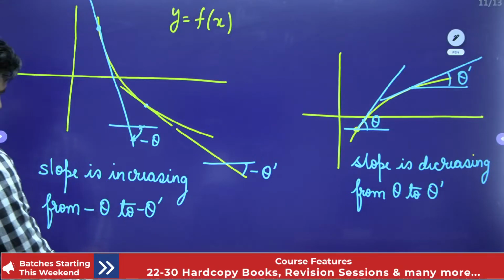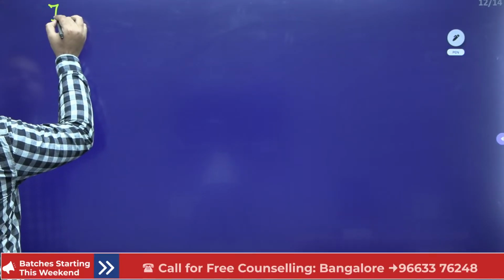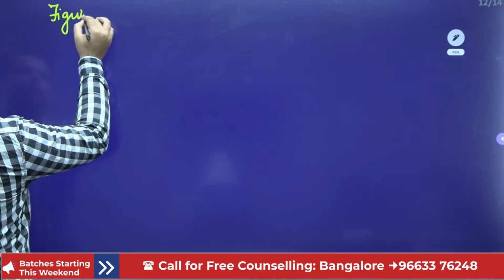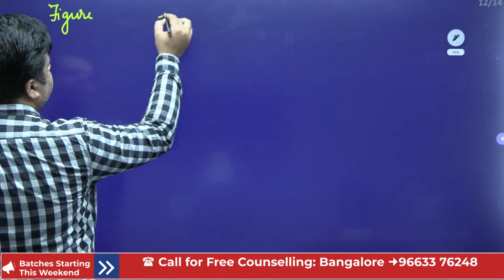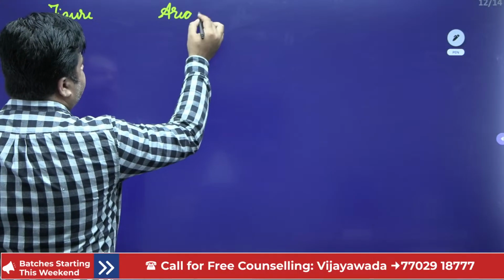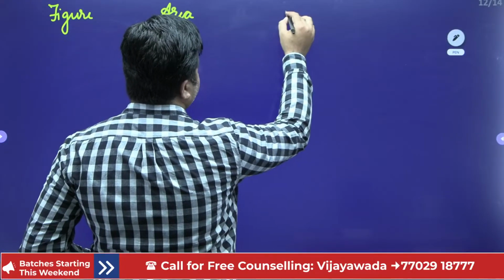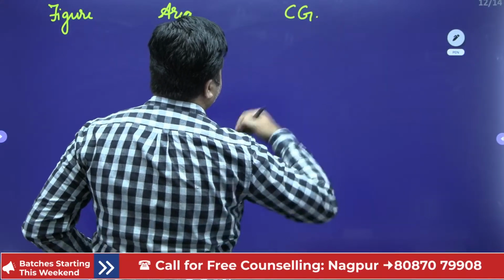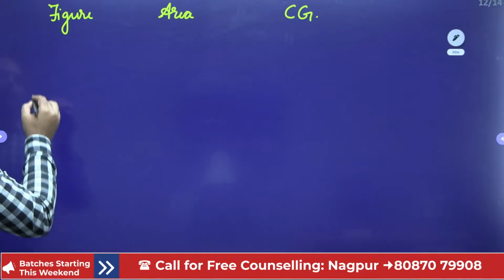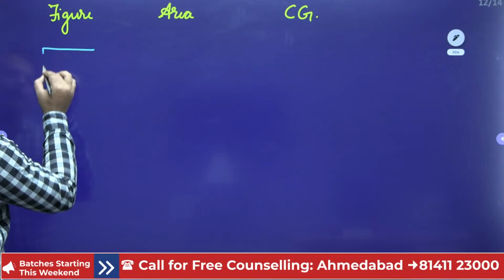Now moving on to the last part of this, there are certain figures for which we should know the area and the position of CG. These three things should be known, right? So first I'll start with the simple figure, square.